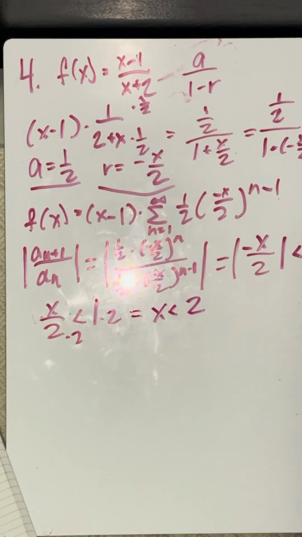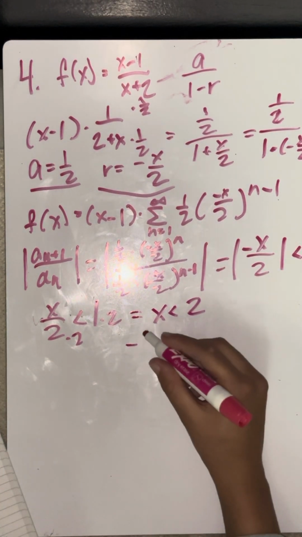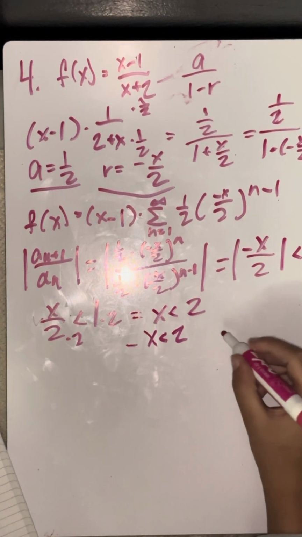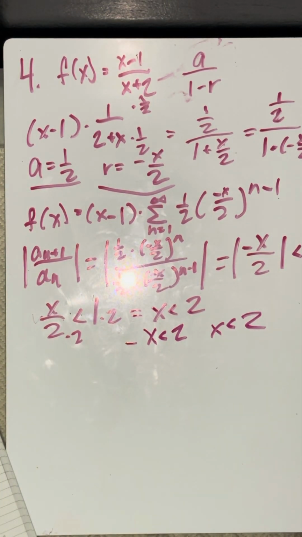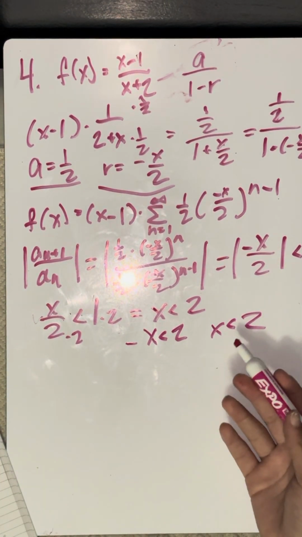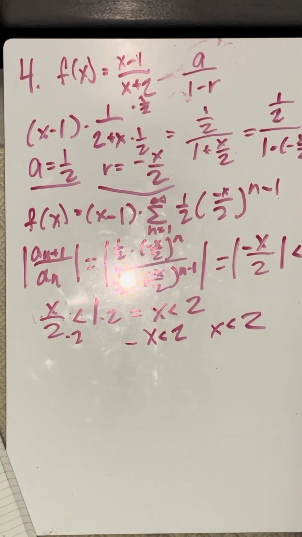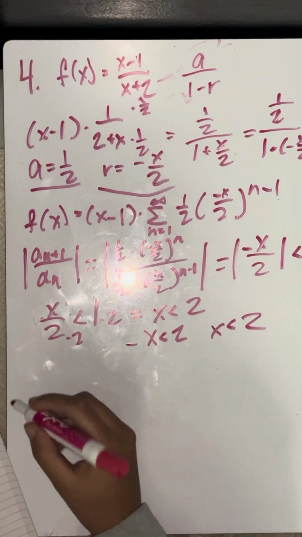So we can plug in negative x is less than 2 and x is less than 2. These are our bounds, so we're going to try to find out if it includes or does not include those two numbers.